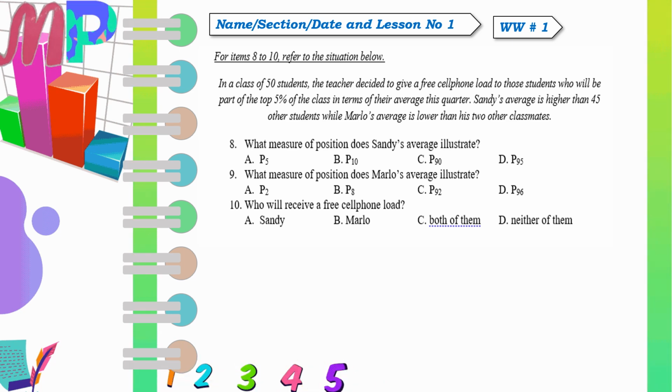In a class of 50 students, the teacher decided to give a free cell phone loan to those students who will be part of the top 5% of the class in terms of their average this quarter. Sandy's average is higher than 45 other students, while Mario's average is lower than his 2 other classmates. You're going to answer 8 to 10, choosing whether the answer is A, B, C, or D.